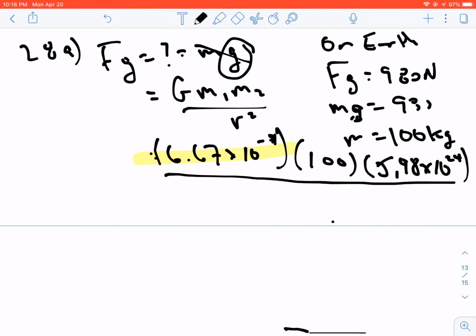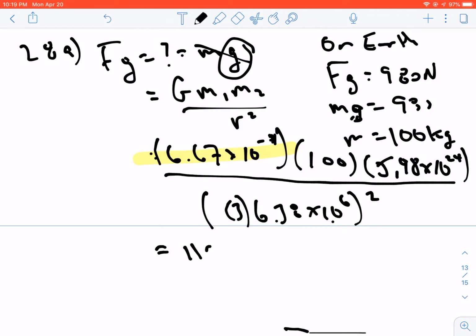Now I'm 3 radii away from the center of the planet. So I am 3 times 6.38 times 10 to the power of 6 away from the center of the Earth, and I need to square that number. And when I do all of that math, I get 112 newtons.